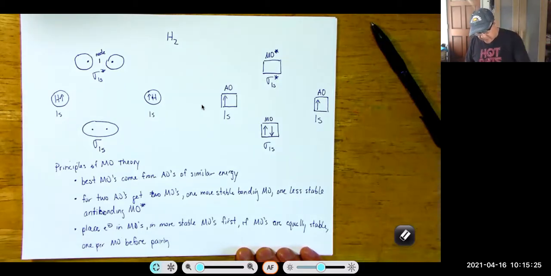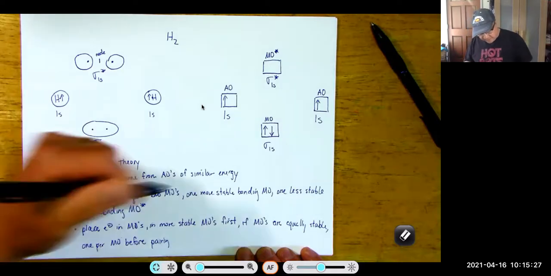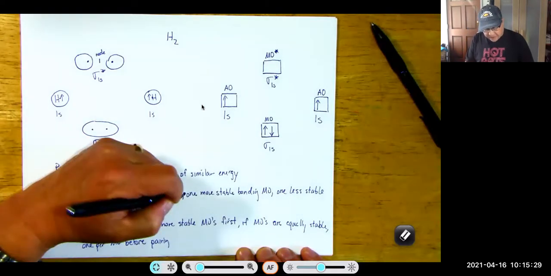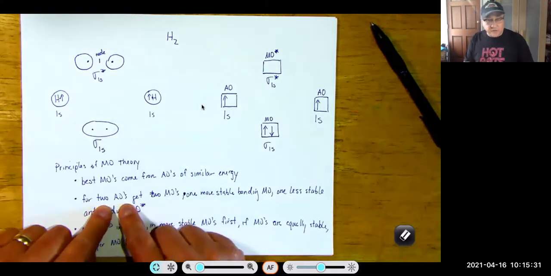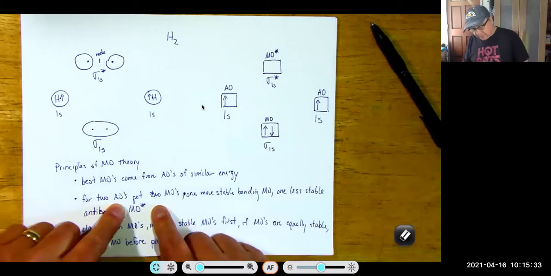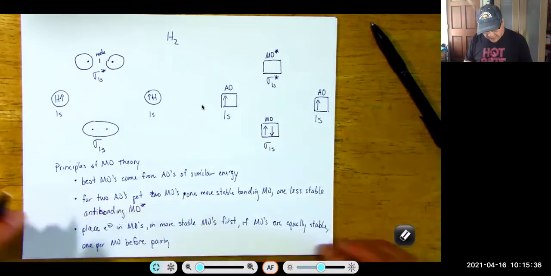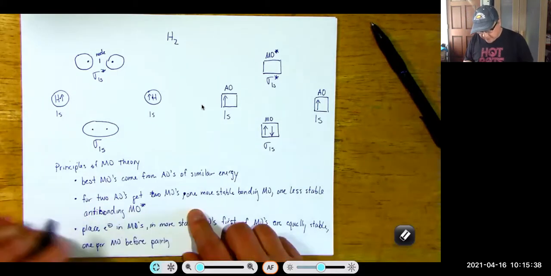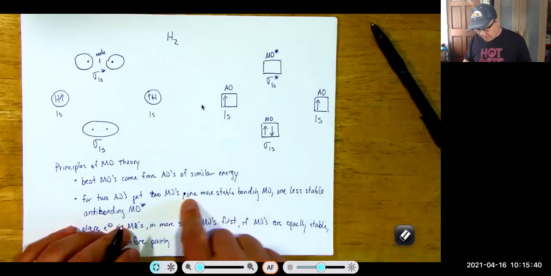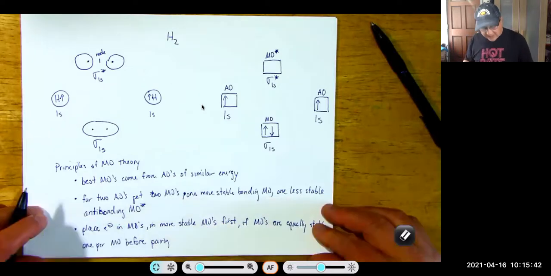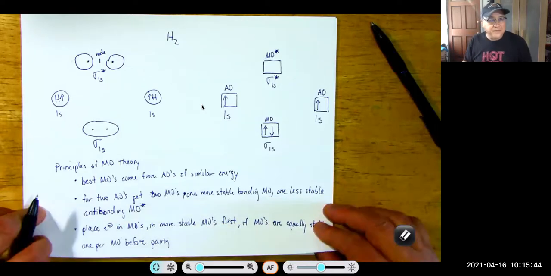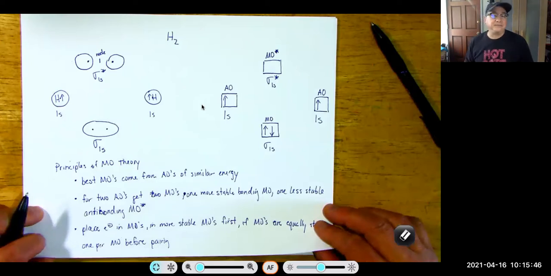And really, I'm going to put a little dot here because these are like 2 different principles. You get 2 AOs for 2 MOs, and here you get a more stable bonding MO and one less stable anti-bonding MO. This one here is not always strictly true, but that's what we're going to write.